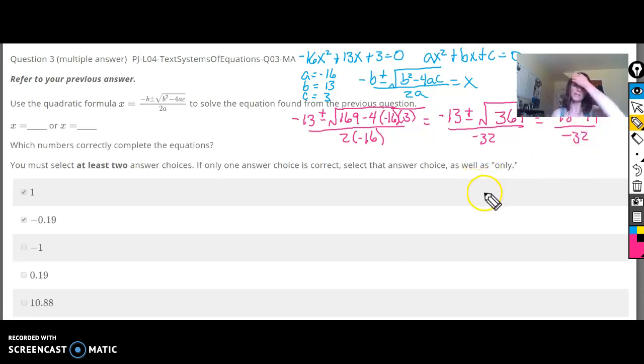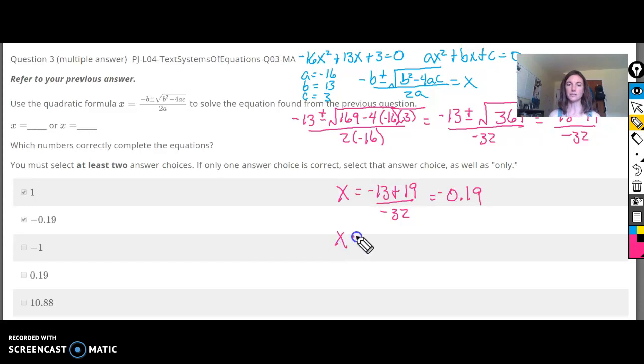Okay, so one x value will be when I add 19 and the other will be when I subtract. So x equals negative 13 plus 19 over negative 32. And when I do that on my calculator, I get negative 0.19. Okay.